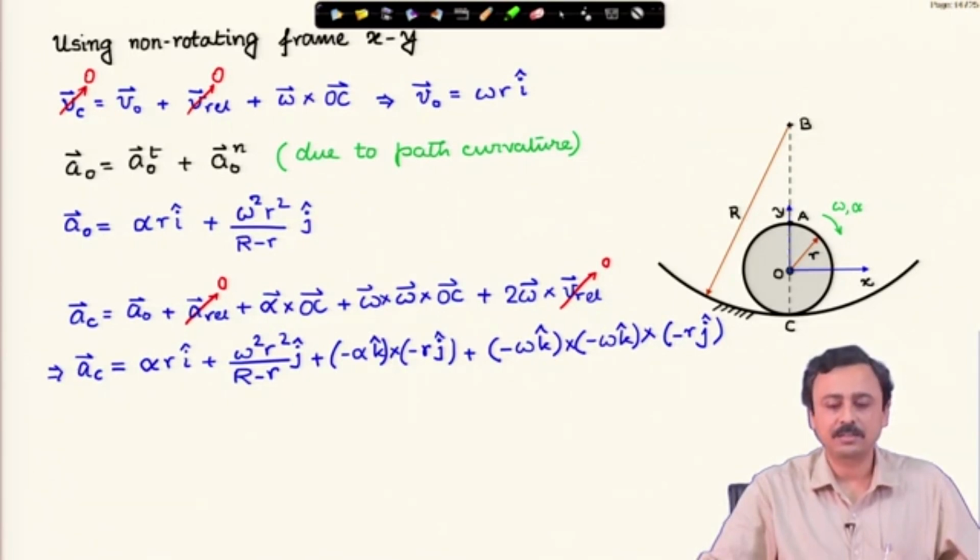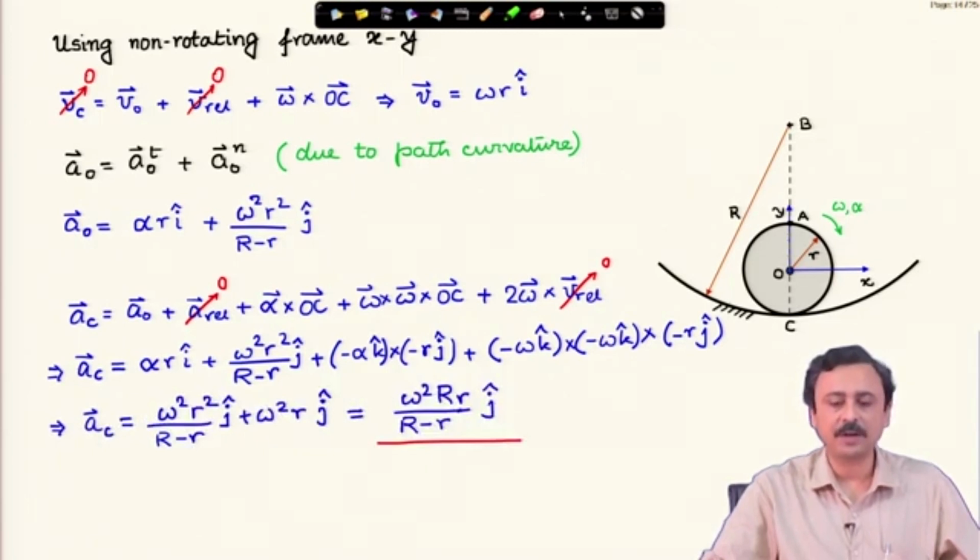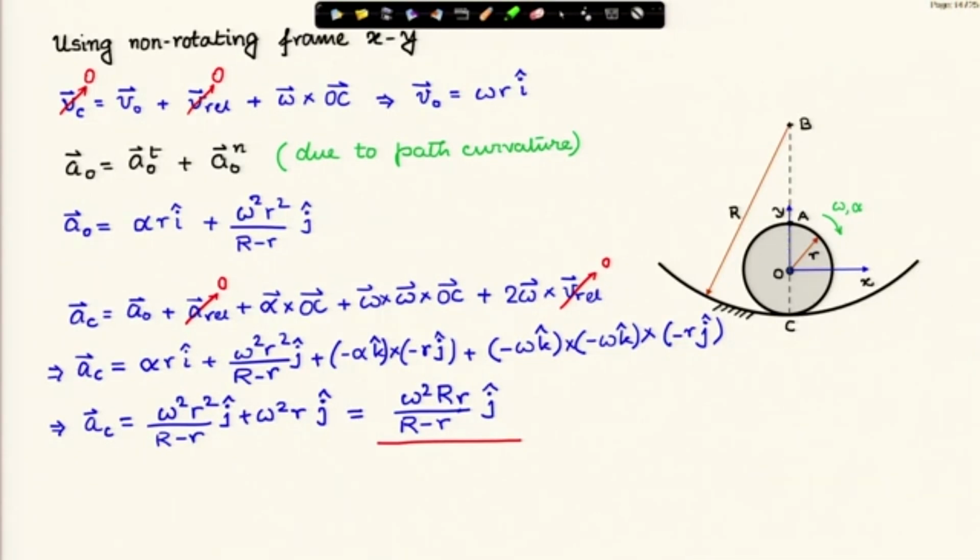Similarly, for the centripetal acceleration, if you do all these things and simplify, it turns out to be a very simple expression given at the end, underlined: omega square capital R into small r by capital R minus small r, j cap. That is the acceleration of point C belonging to the wheel which is currently in contact with the ground.